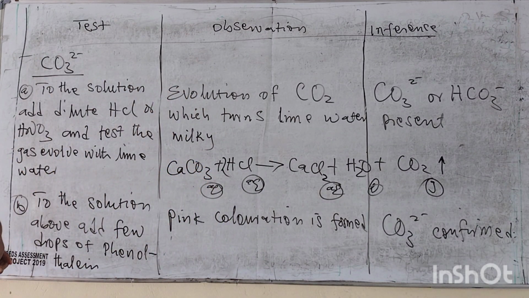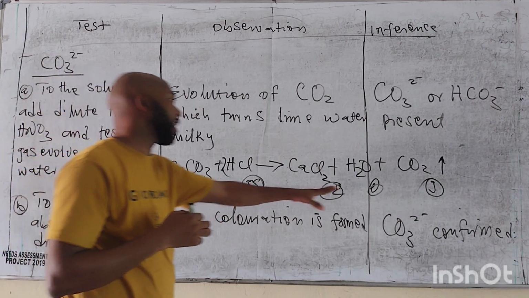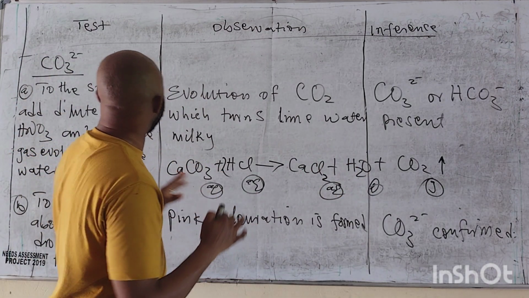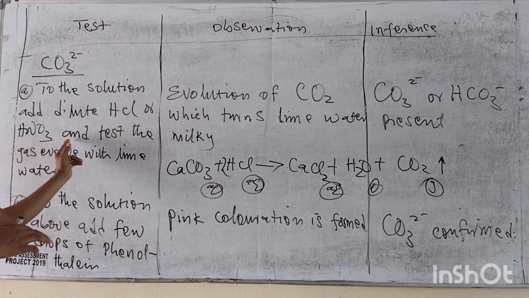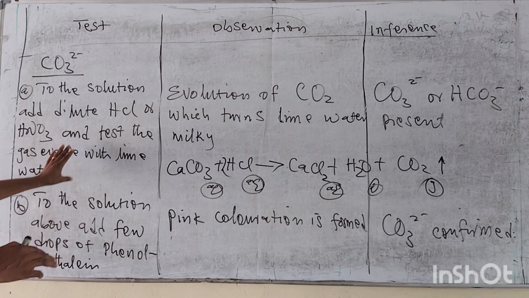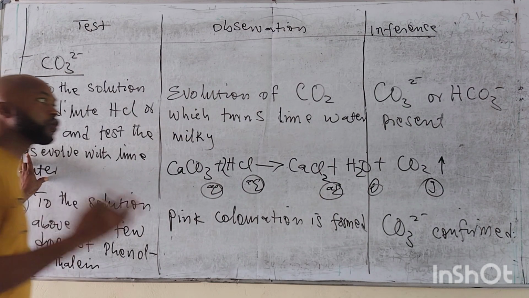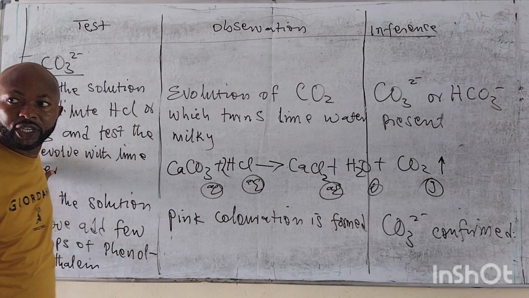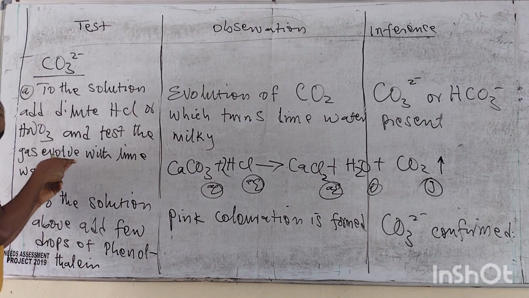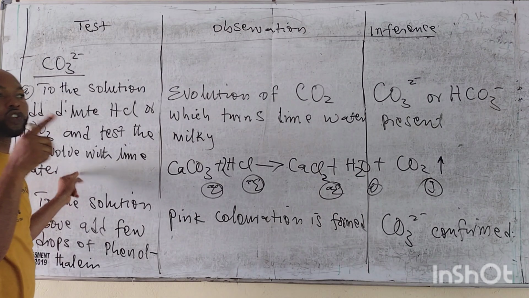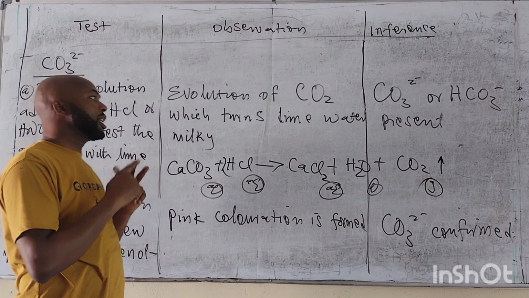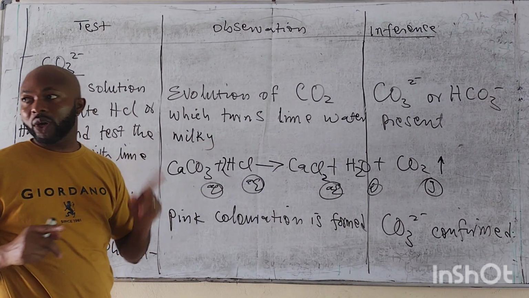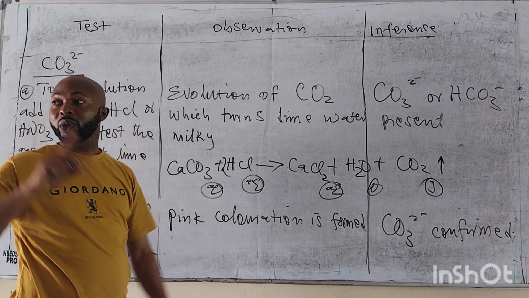So they say to the solution, add dilute HCl or HNO3 and test the gas evolved with lime water. We know that CO2 always turns lime water milky. Once you've heard lime water, your mind should go straight to CO2 gas, because it is CO2 gas we always test with lime water. And that CO2 will turn lime water milky.